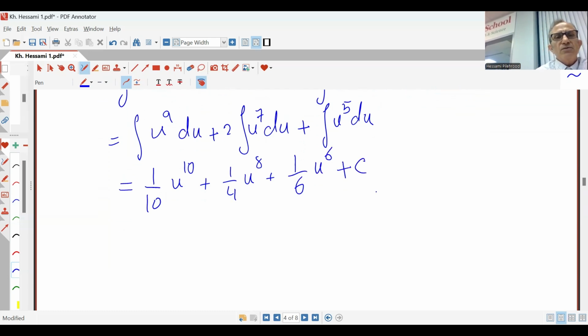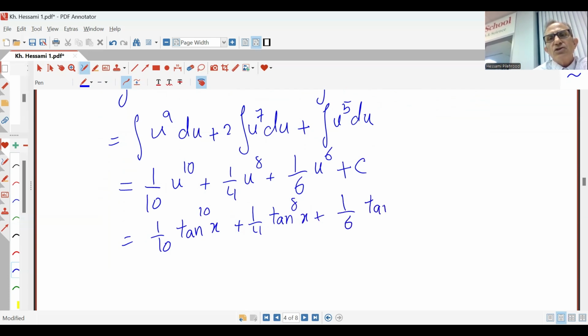Now we replace u with tangent x: 1 over 10 tangent to the power of 10x plus 1 over 4 tangent to the power of 8x plus 1 over 6 tangent to the power of 6x plus c, constant.